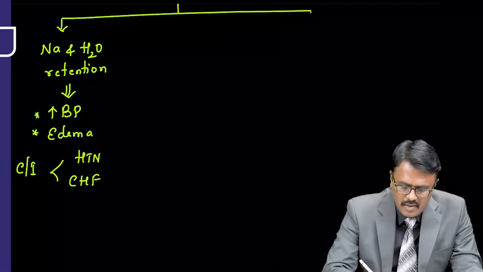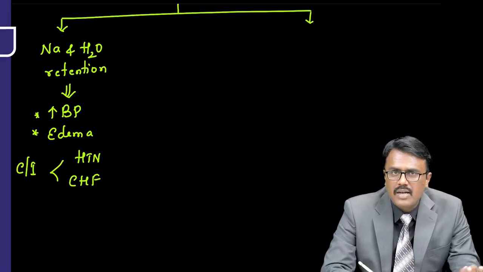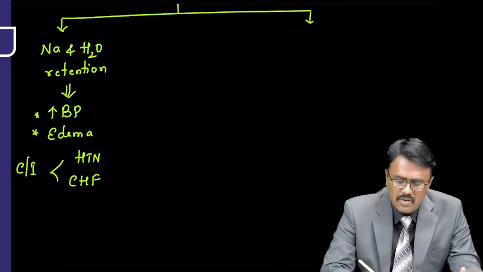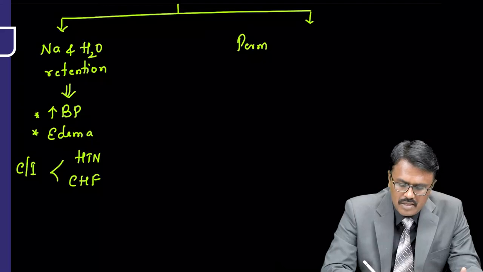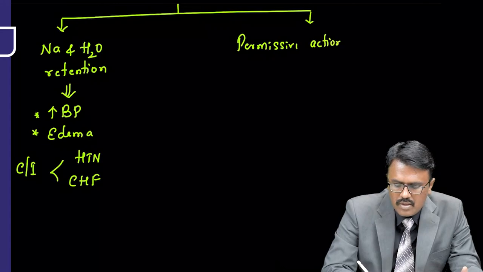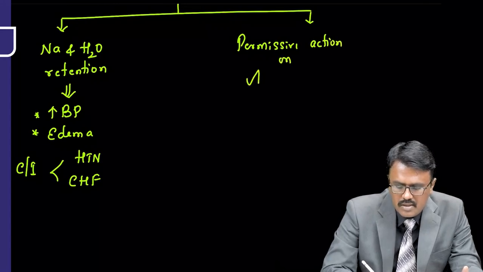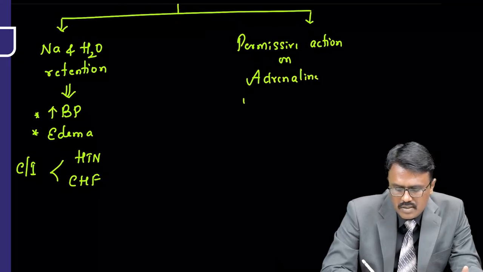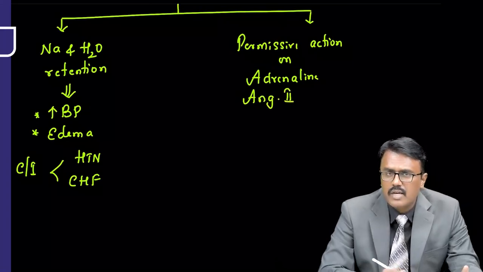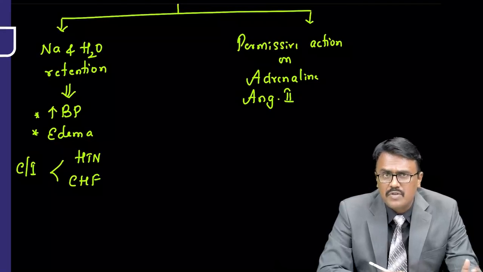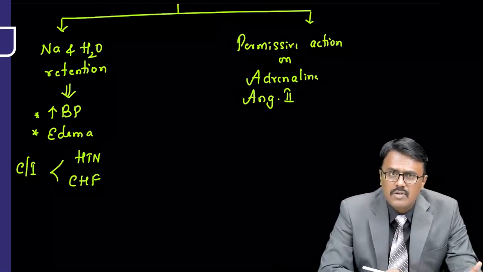Correct? Now, another important aspect. I told you why these are most important for survival: because they have permissive action on two important vasoconstrictors, that is adrenaline and angiotensin 2. Whenever you are managing a patient with shock, why do we also add steroid?